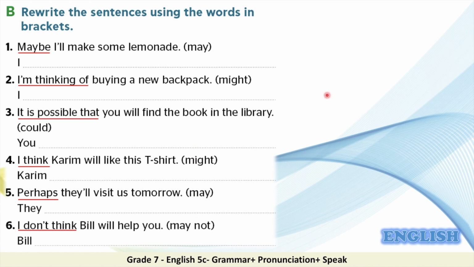By the way, before doing this activity, keep in mind that you will have to change the form of some verbs. For example, I'm thinking of getting a haircut. Use may.